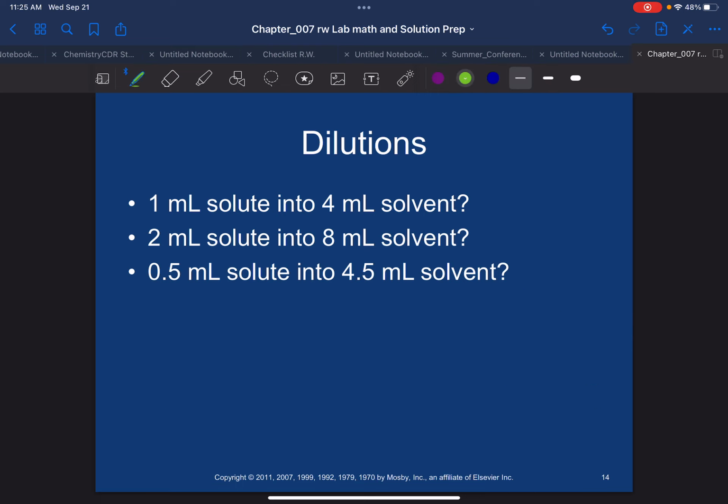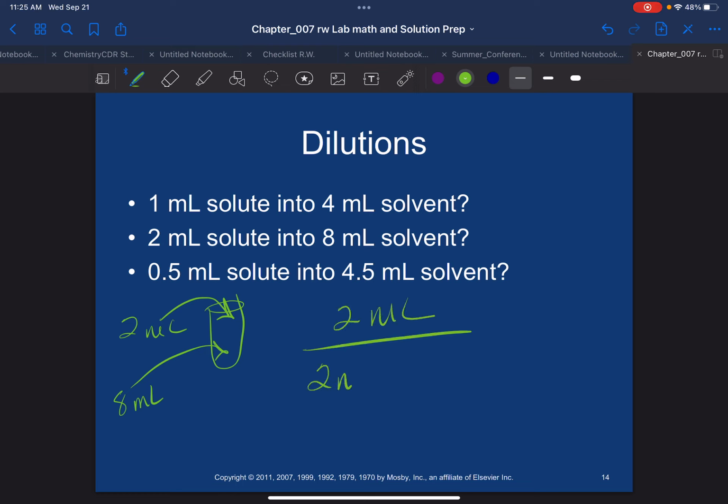All right, let's do the next one. Say we have a test tube and we add 2 ml of solute and 8 ml of solvent. So we have 2 ml of solute over 2 ml of solute plus 8 ml of solvent. That gives us 2 over 10, and we do have to reduce these fractions, so a 1 to 5. This is another way to make a 1 to 5; you've just doubled the previous one. The dilution is 1 to 5, and the dilution factor is 5.